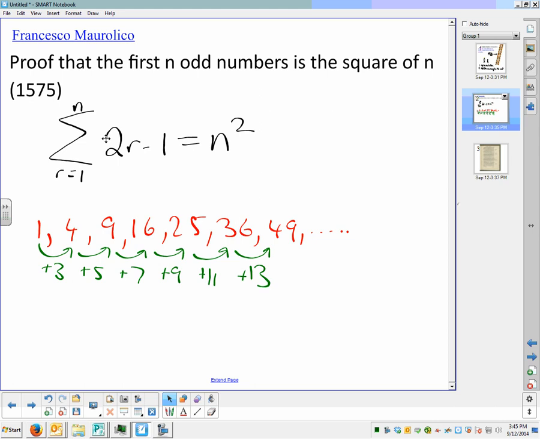The proof that we're going to see was first proposed by a guy called Francesco Maurolico, who I would imagine, from his name, was Italian. He is usually credited as the first person to prove anything with mathematical induction, and he did it in the 16th century.